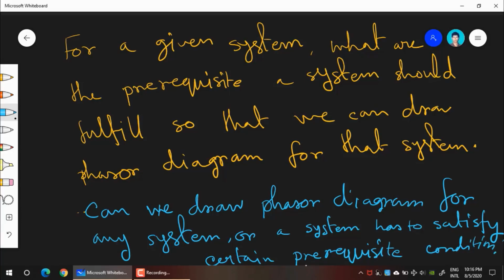And if we find out or understand a few constraints that a system should comply with so that we can draw a phasor diagram for that given system, the next obvious question is what I asked you a few minutes back, at what time.